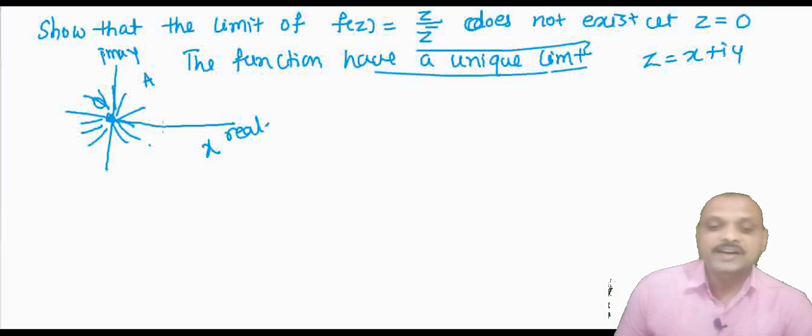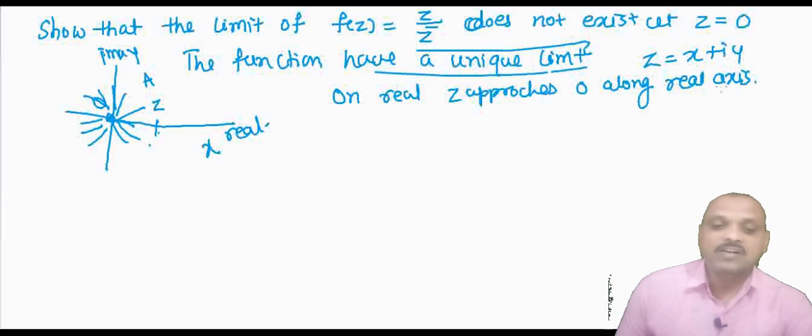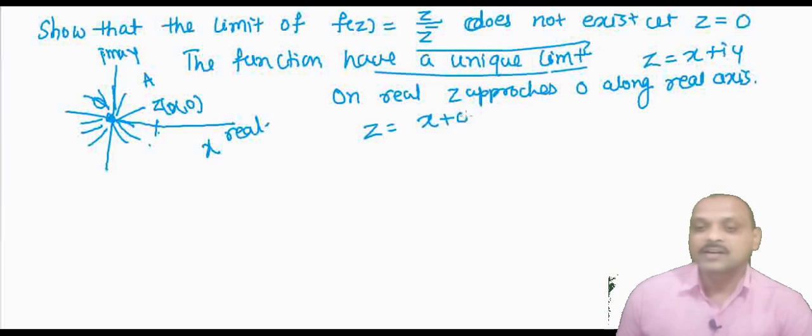Now if z tends to 0 and my point is on the real axis, suppose z approaches 0 along the real axis, the x-axis, and we know that on the x-axis the y point is 0. That means this is x comma 0. In that case z will be x plus 0i.